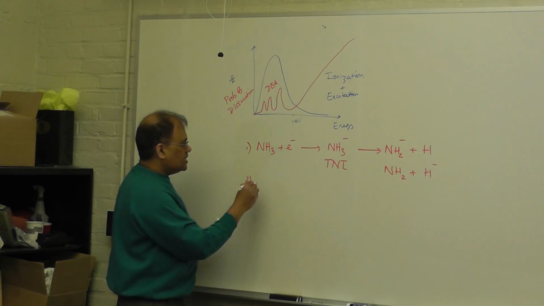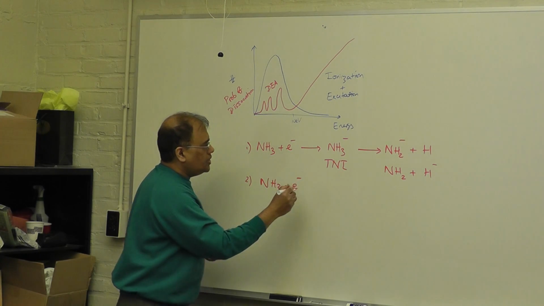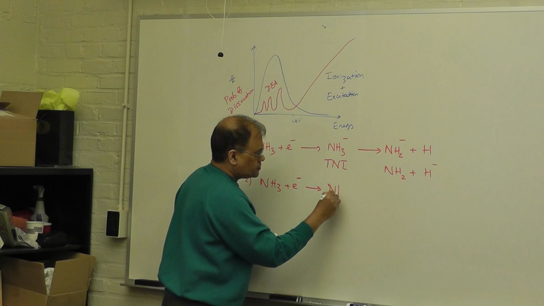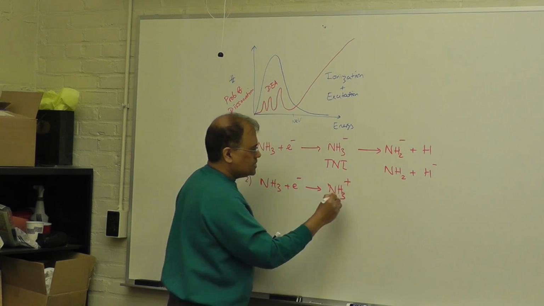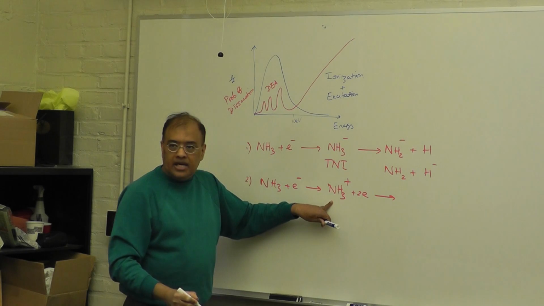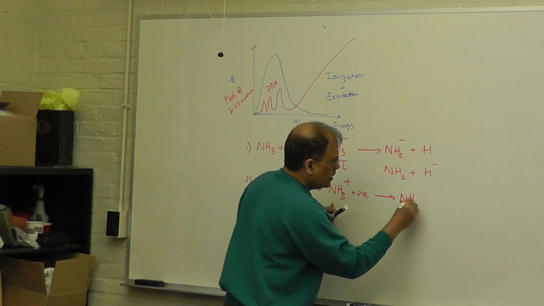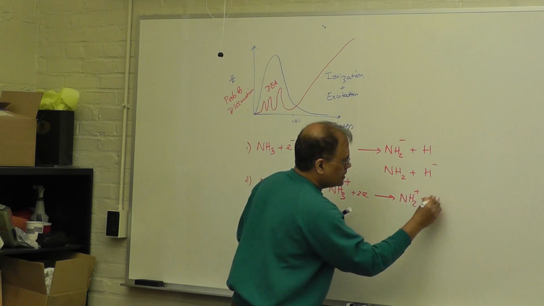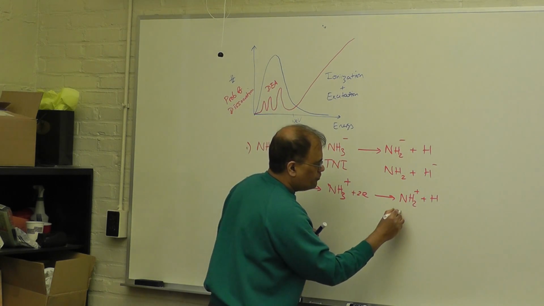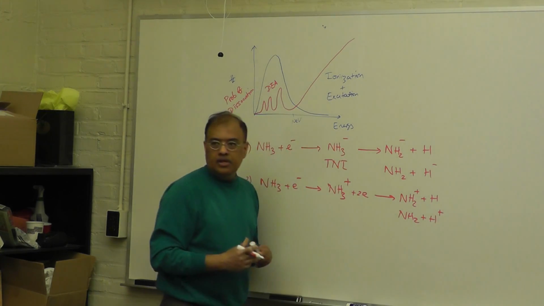That's why you have these resonances. Electron impact ionization is when you have NH3 plus an electron going to NH3 plus 2 electrons, and then this cation NH3 plus falls apart and forms NH2 plus a hydrogen, or it can form NH2 plus H plus.